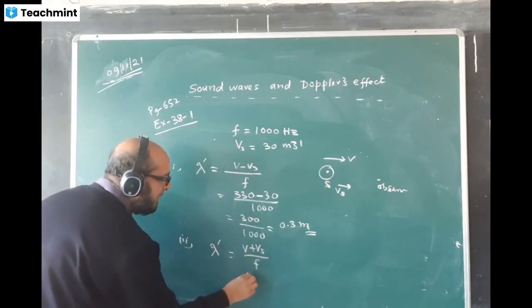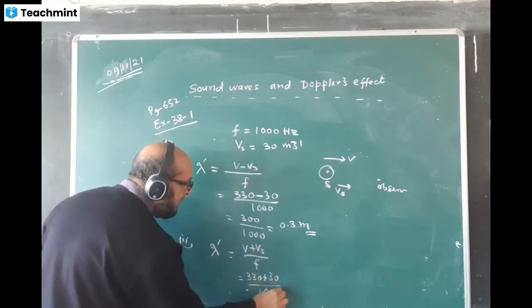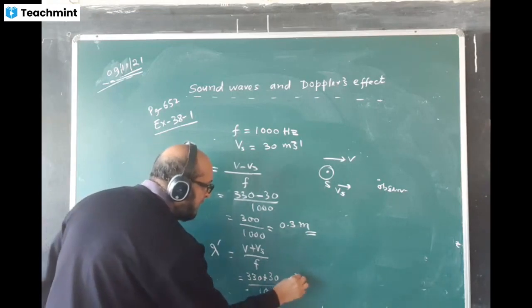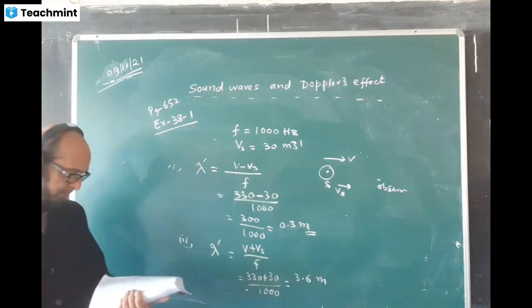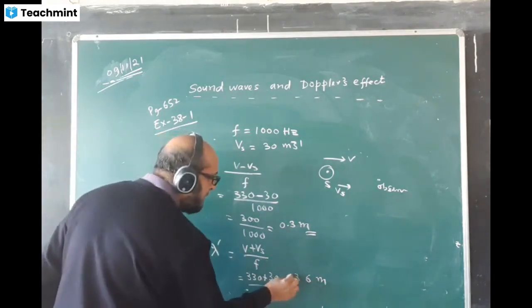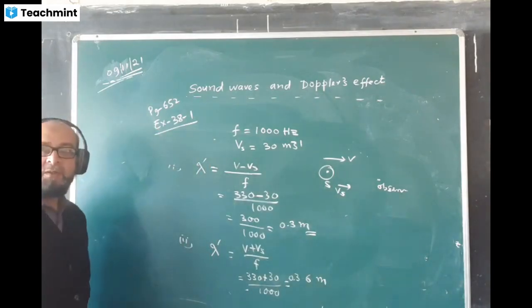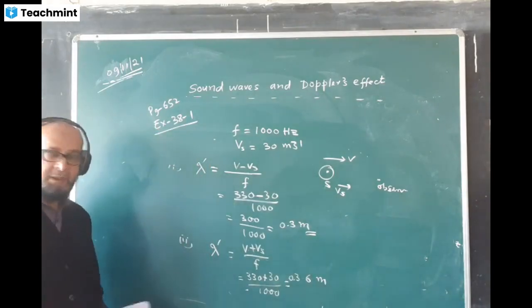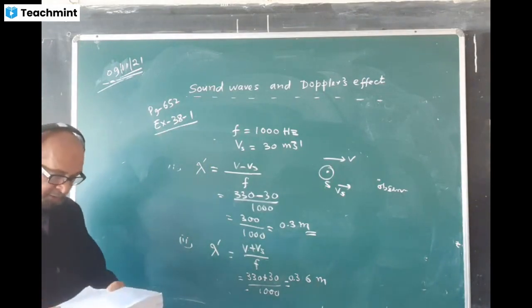So this time we'll be adding 330 plus 30 divided by the frequency, 1000 here. 360 by 1000, so the answer is coming 0.36 meter. So this is done.